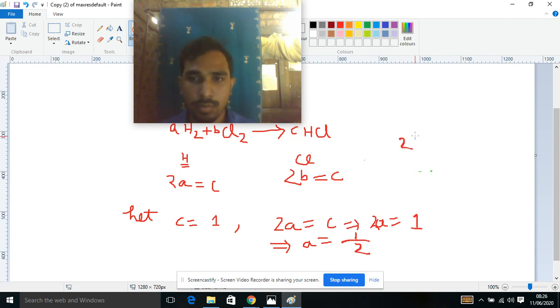And from this equation twice B equals C, I will get twice B equal C equal 1, so B equal half, 1 by 2.